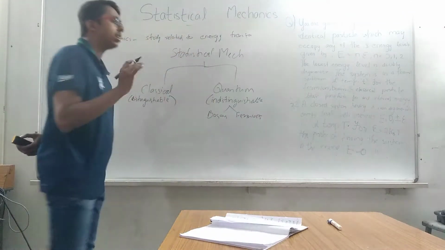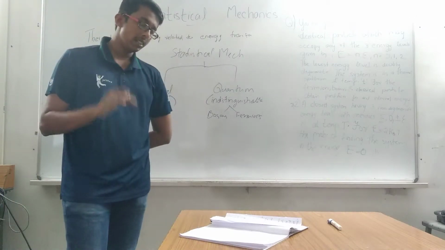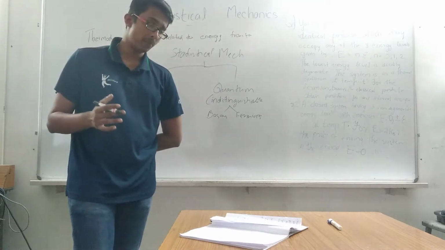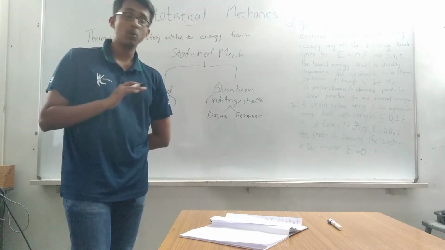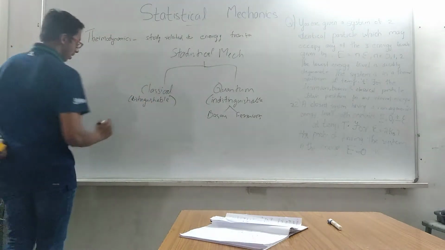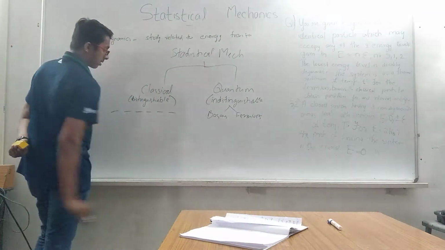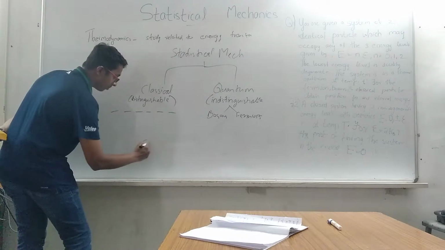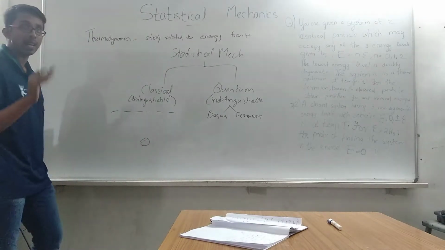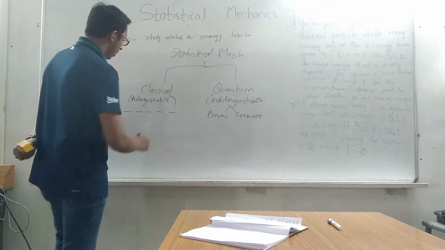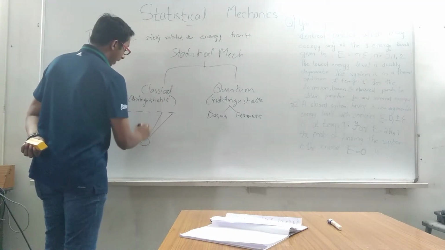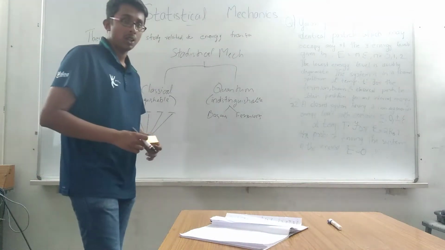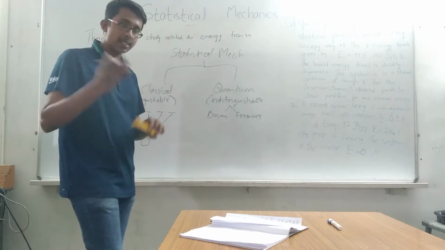But what's the main difference between the two? In the classical system, a single particle or a group of particles can occupy any of several microscopic states. If you consider these lines as the states, classically a single particle, which is distinguishable and identical, has the freedom to occupy any state, and it can occupy only one state as it is distinguishable. The quantum case is exactly the opposite.